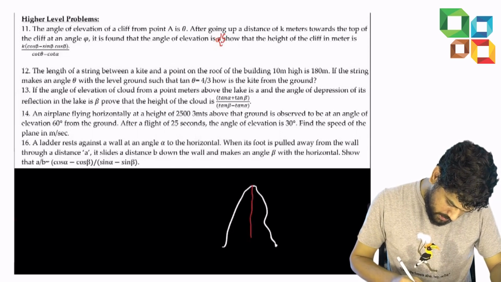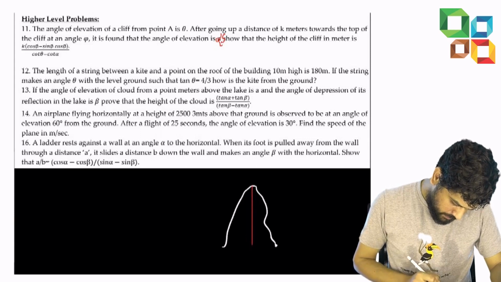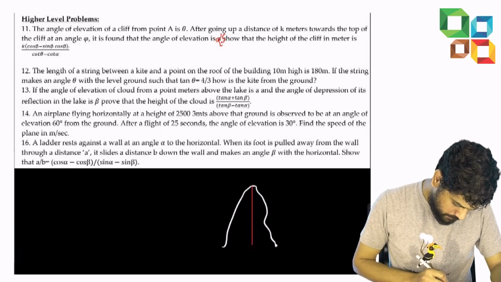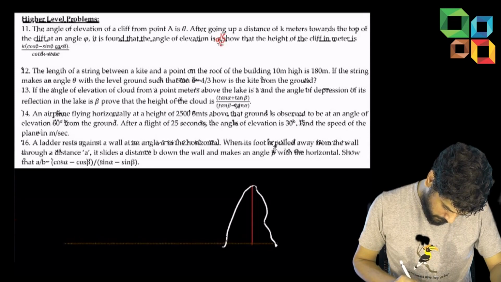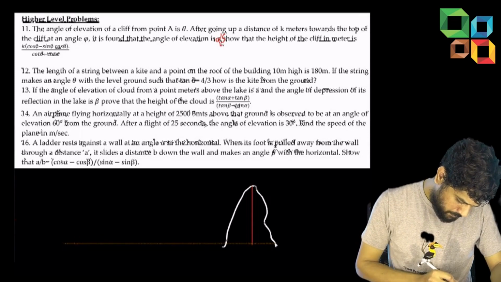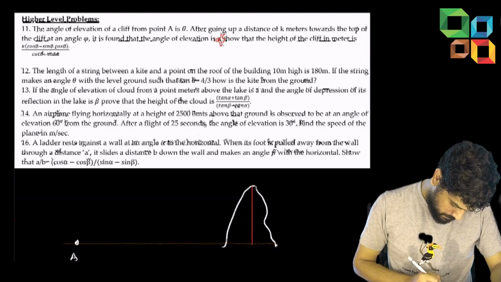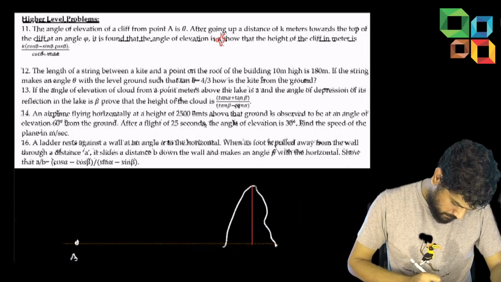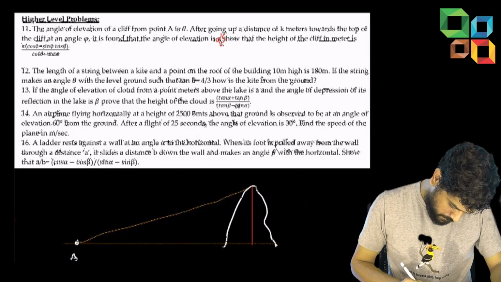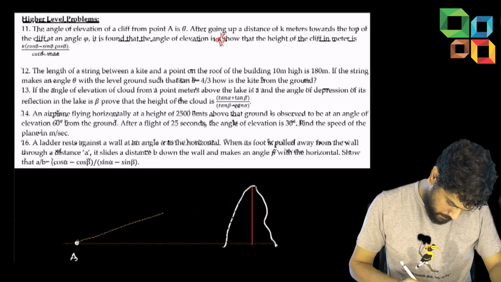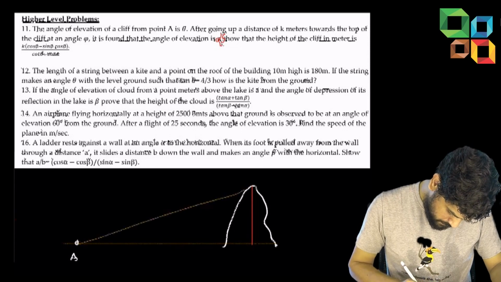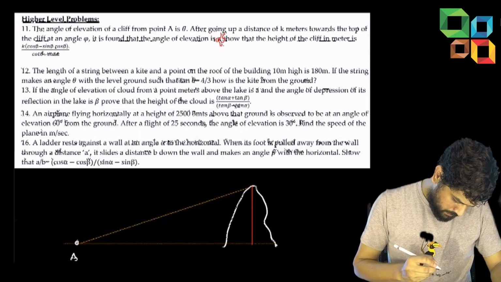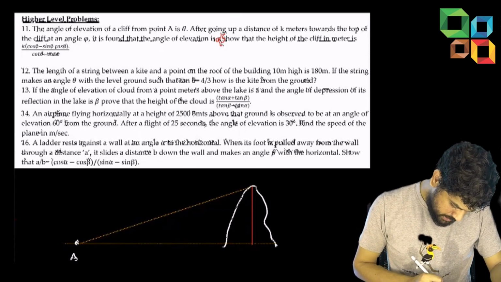Angle of elevation of this cliff from a point A. This angle is theta.